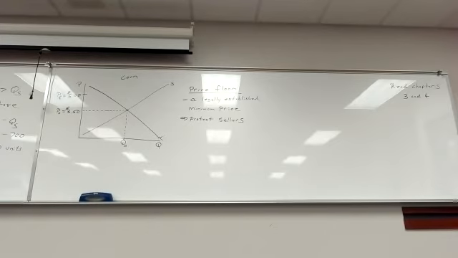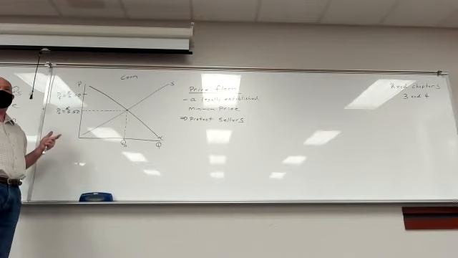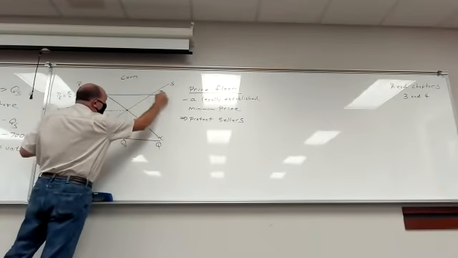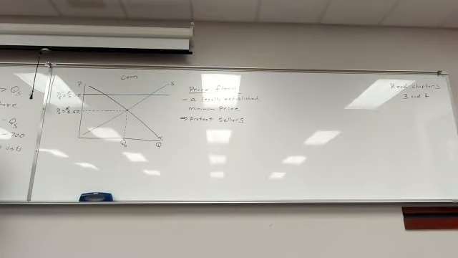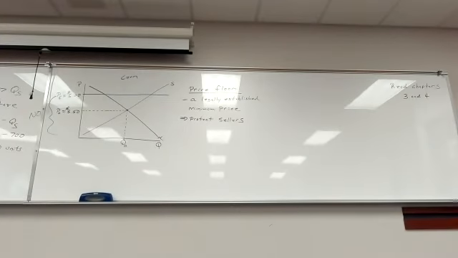Okay, now I want you to note something. In this particular case, this is a law that has been passed. So I'm going to draw a solid line all the way across this. Because if this is a legally established minimum price, then the government is saying, you know what? Anything that is less than $5 is illegal. You simply cannot buy and sell corn for anything less than $5 per bushel.